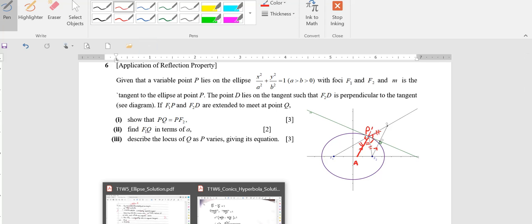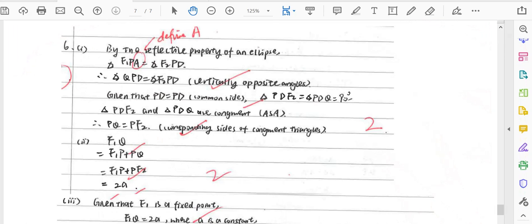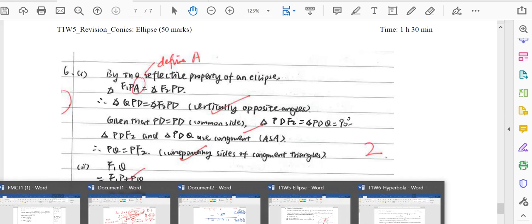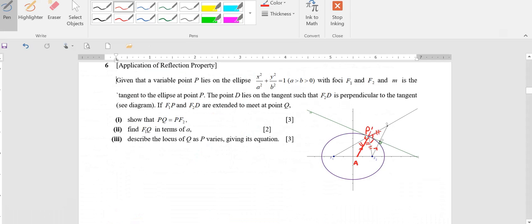If you look at C-Tian's solution, she said that F1PA is equal to F2PD. So where is her A?